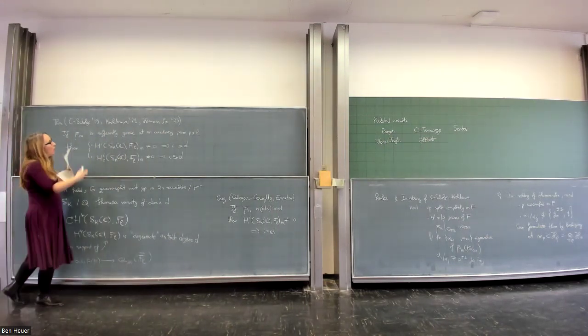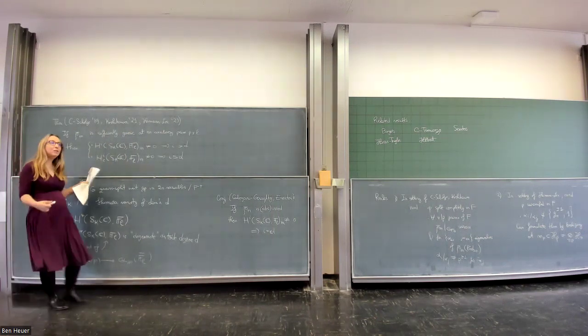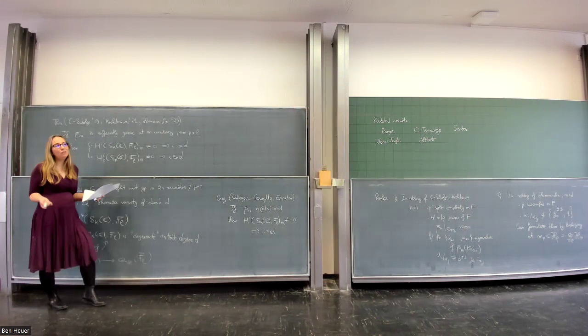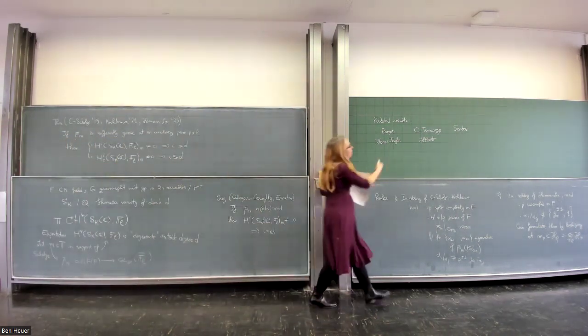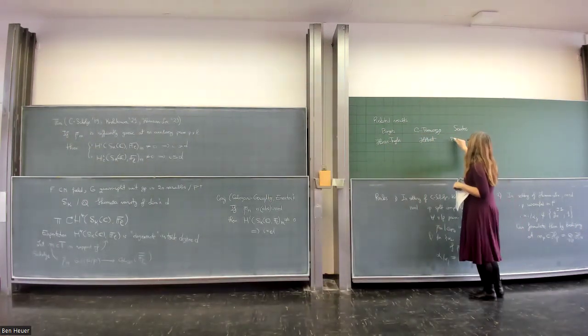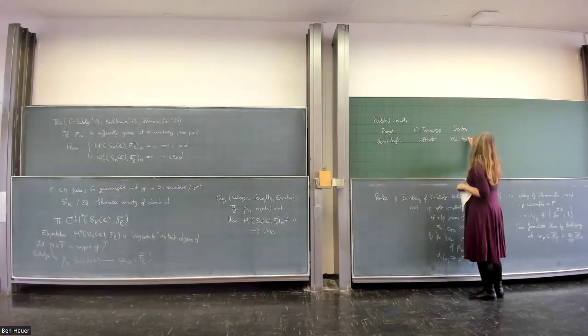Then Koshikawa introduced a general method, but this didn't quite apply to all PEL type A, so all unitary Shimura varieties. It applied to all compact ones, and there was some missing ingredient in non-compact cases. My PhD student, Mafalda Santos, provided this missing ingredient, and then she proved a version of Koshikawa's theorem that applies to all PEL type A Shimura varieties.